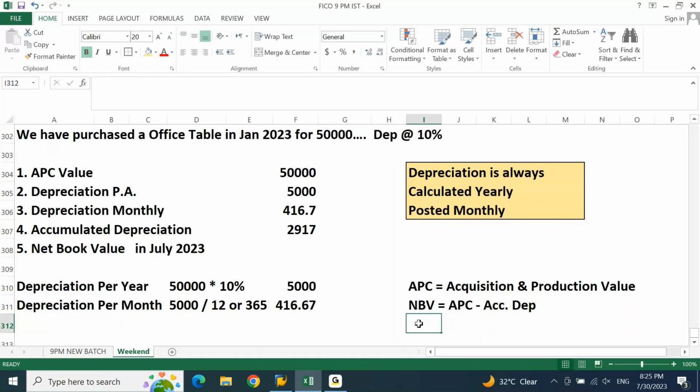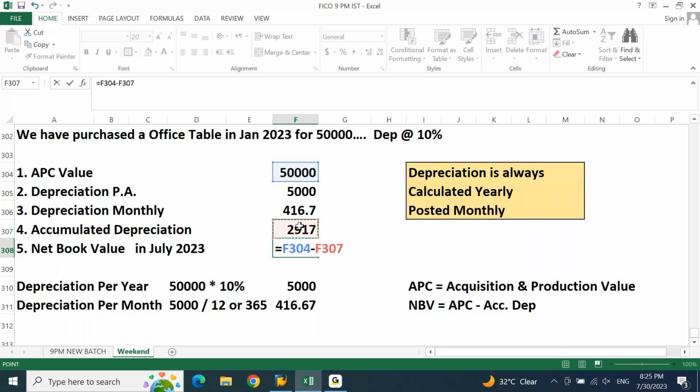Now here, what is your APC? 50,000. And what is your accumulated depreciation? 2917. Accumulated depreciation is nothing but total depreciation till that particular month. So 47,083 will be your net book value as on July.